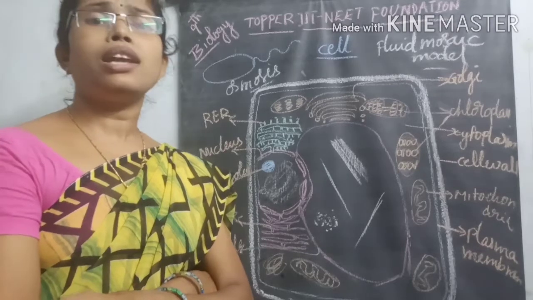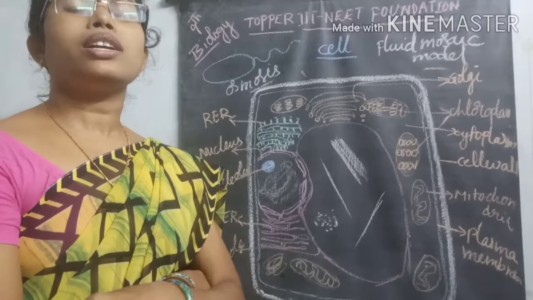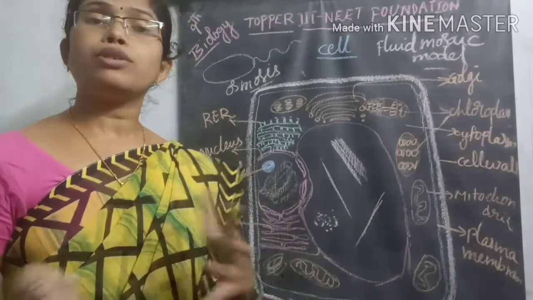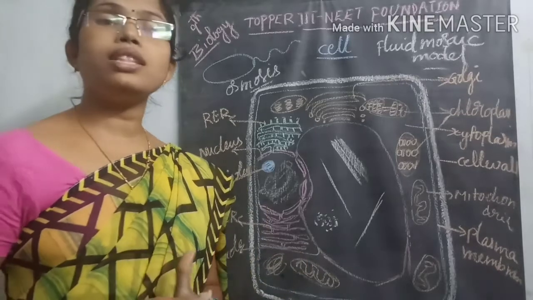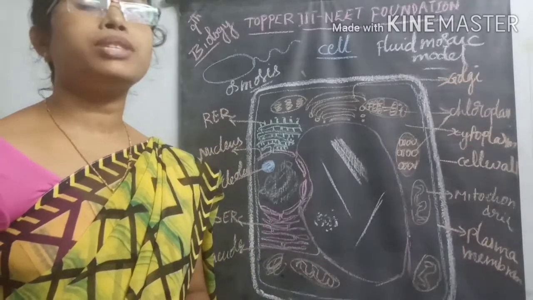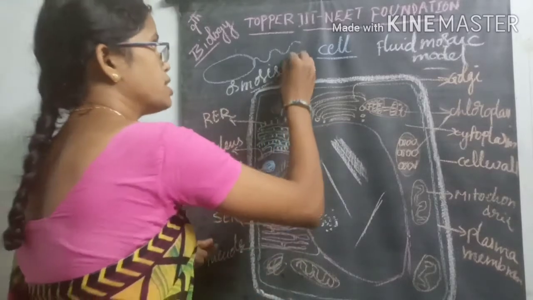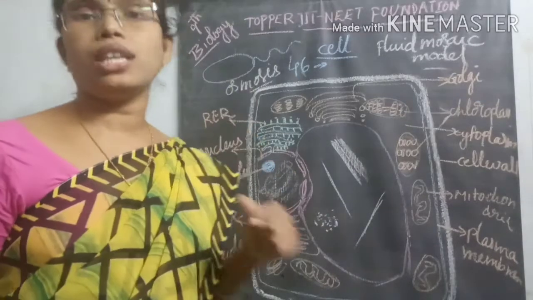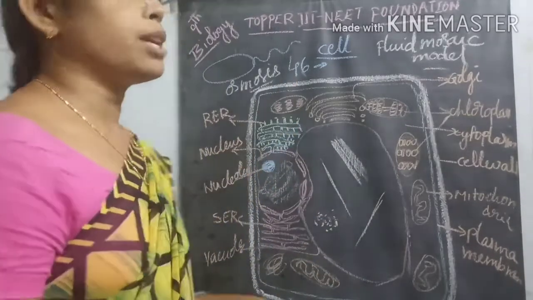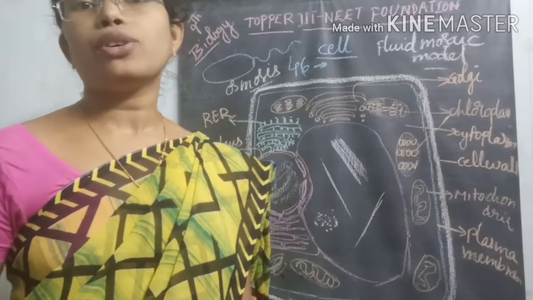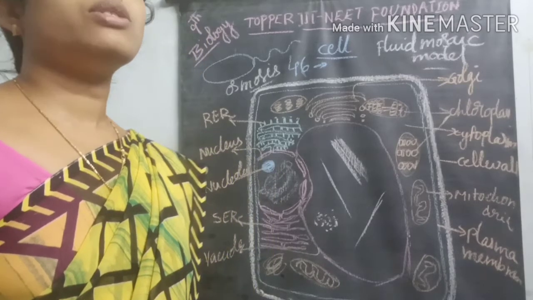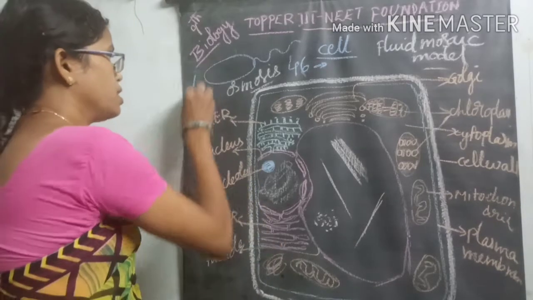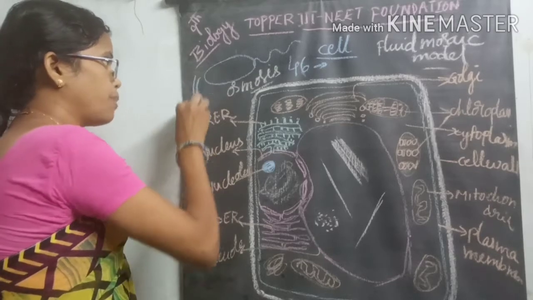This chromosome number is a particular number from organism to organism. For example, in human beings the number of chromosomes present inside the nucleus is 46, in 23 pairs. So these chromosomes have a central structure and are paired in nature.